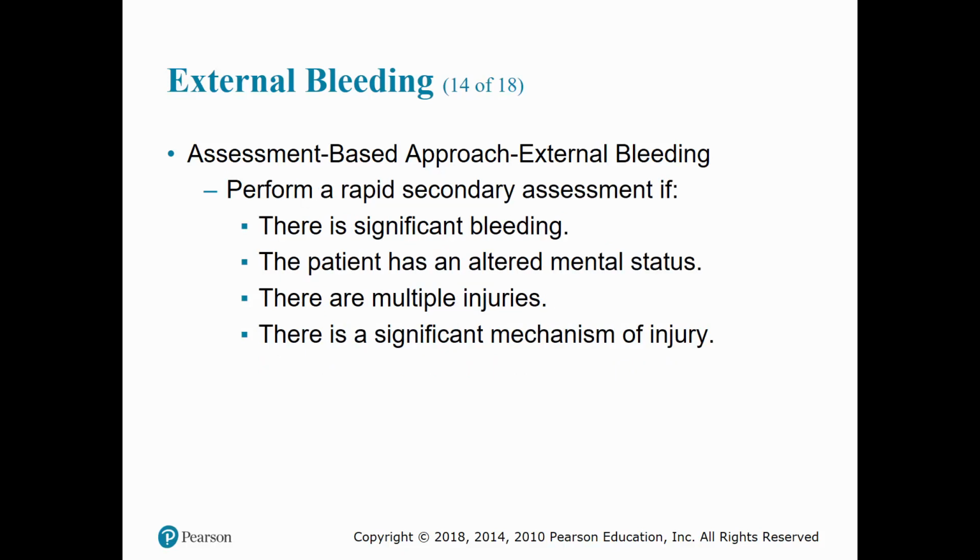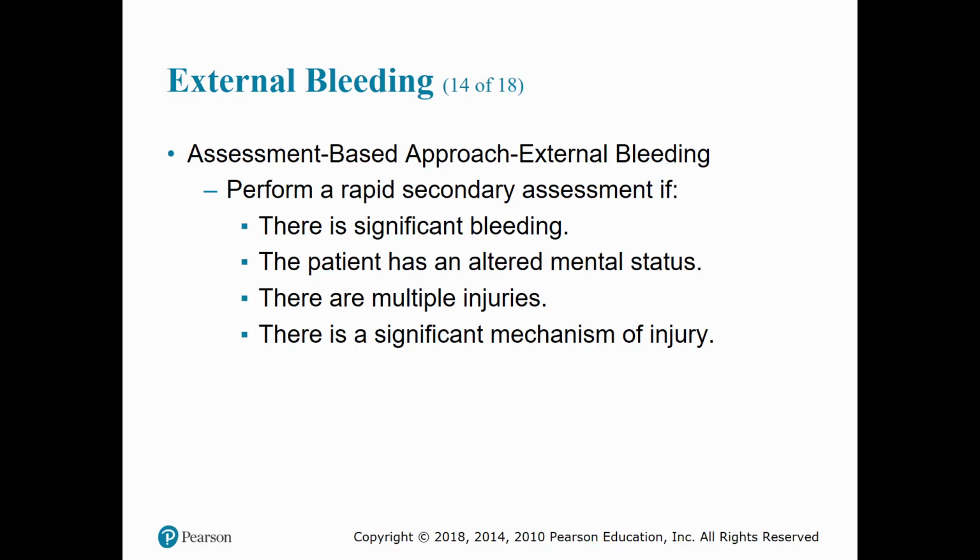After your primary assessment, you want to perform a rapid secondary assessment in any patient that has undergone significant bleeding, altered mental status, presents with multiple injuries, or has suffered a significant mechanism of injury. Your rapid secondary assessment can reveal any further potential life threats and provide further information about stages of shock.